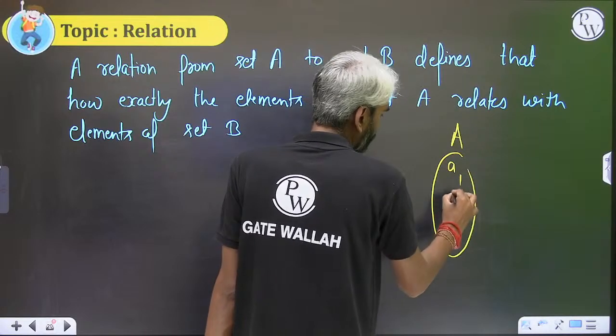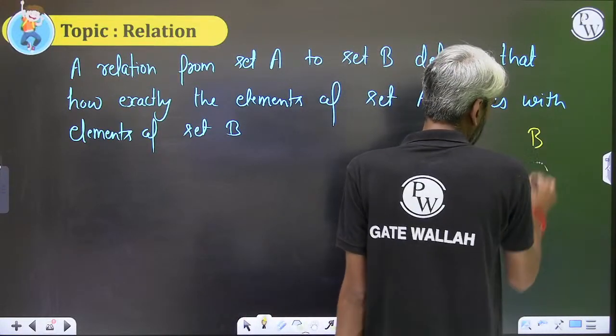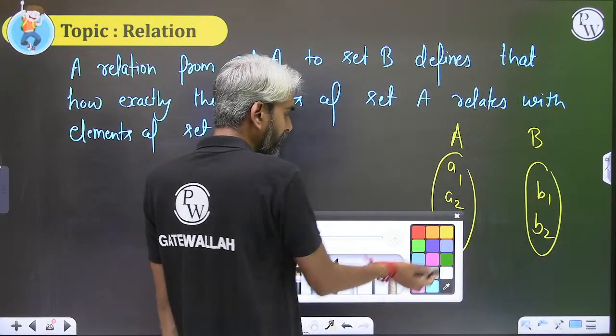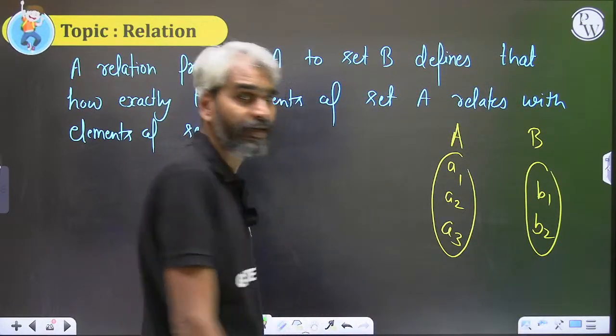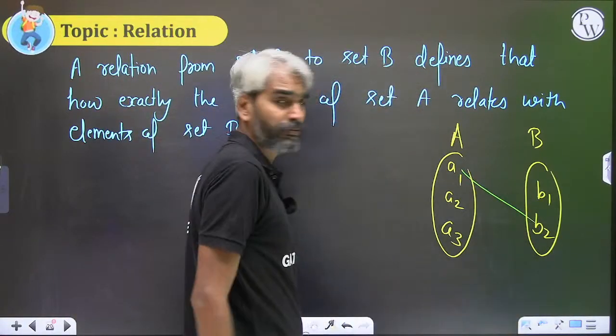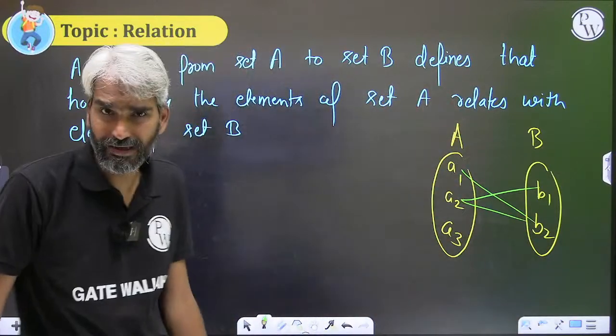this is my set A, A1, A2. This is my set B. So it's not necessary that in a random relation, all the elements of set A relate with all the elements of set B. It may be possible that A1 relates with B1, A2 relates with B1 as well as B2, but A3 is not related with any element.